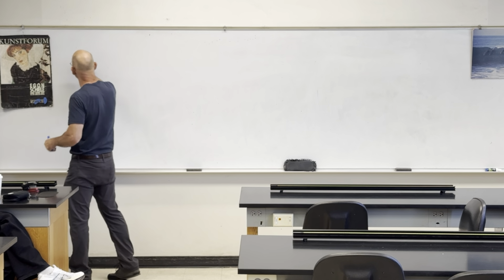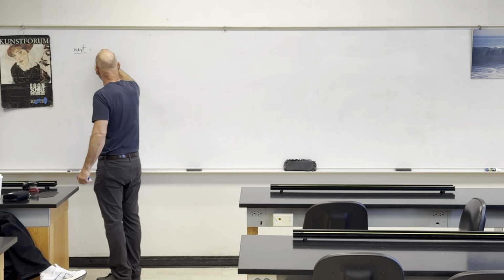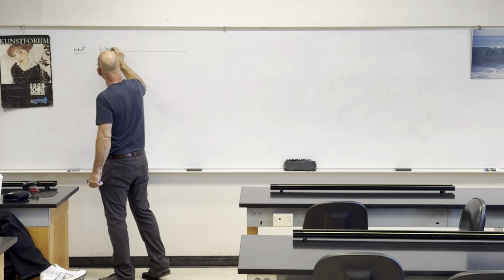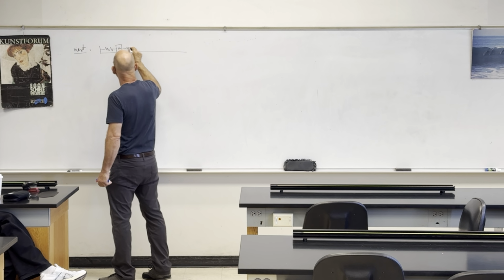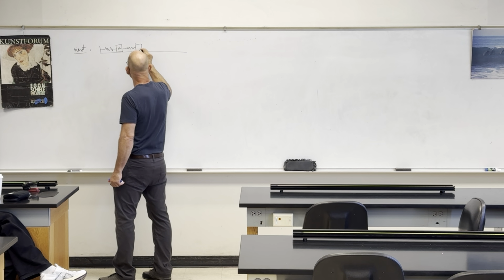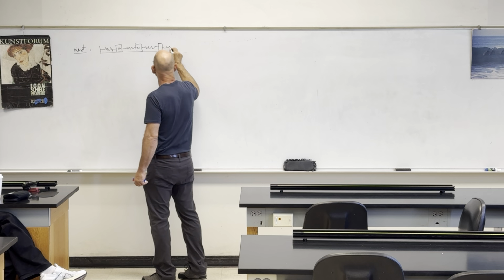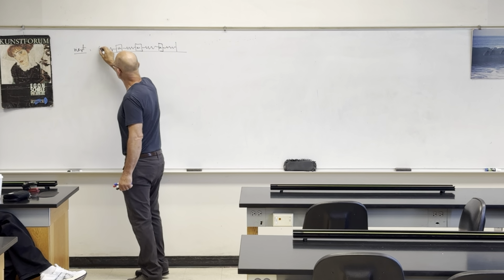Let's do this. So this one we took to completion. Now, you can make it as complicated as you want. Suppose we have 4 equal springs and 3 equal masses.